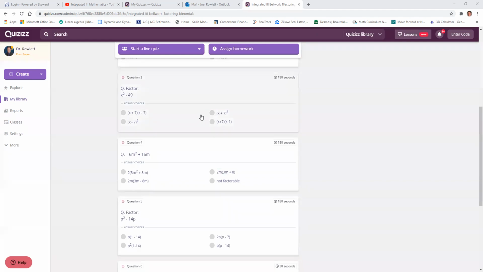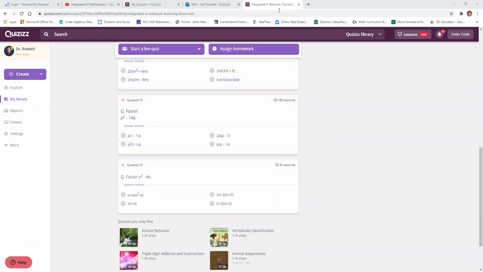And let's move right along, look at numbers 5 and 6. Problem number 5, we have a 1 here, and we have a negative 14 here. And the biggest number that goes into 1 and 14 is just 1, so that's not a problem. I have a p squared and a p. I can take a p out.